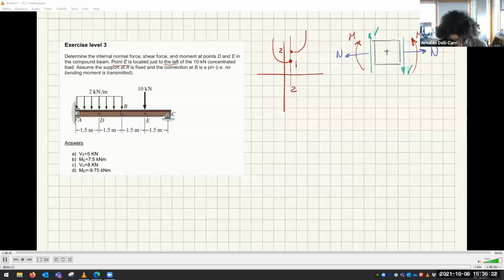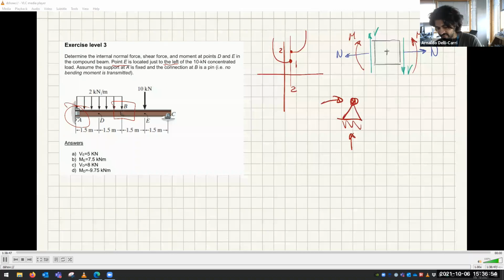Assume the support A is fixed. So this is a fixed support. And the connection at B, which is this one here, is a pin. So we have an internal pin. It's not an external pin, it's an internal pin. Now, if you have an external pin, this reacts with 2 forces and no moment. And that's exactly the same that's going on here.